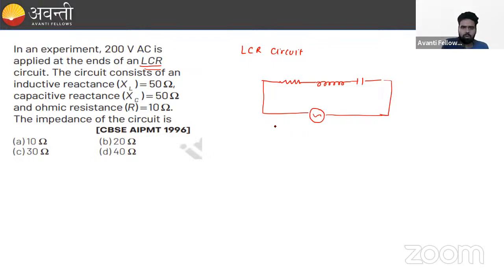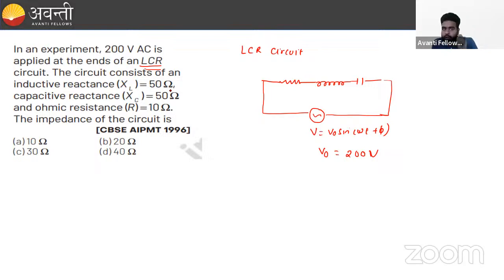Here the voltage is given as V equal to V naught sine omega t. This is the standard format of the varying AC voltage. And here it is given that the peak voltage is 200 volt, right?